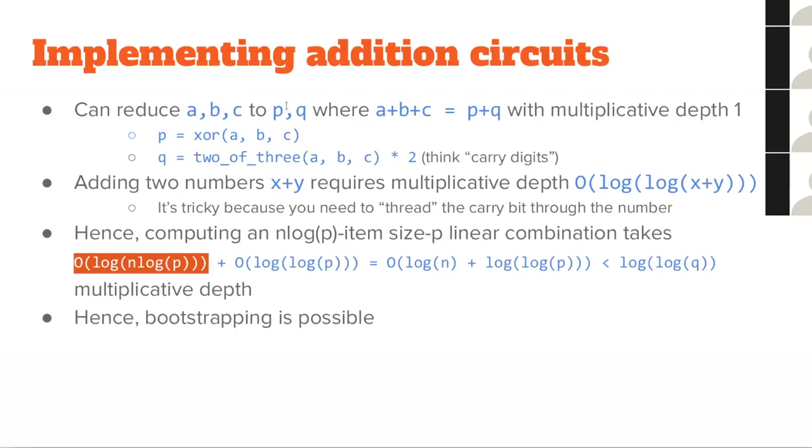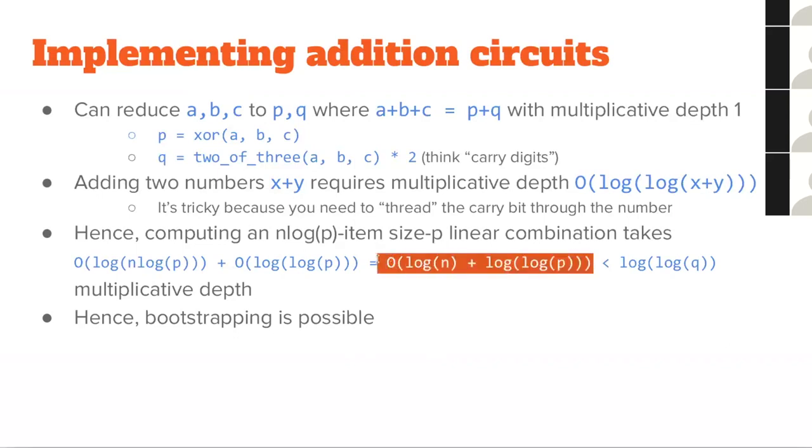The sum is going to be of size n log p, and so it's log of n log p, and so this becomes log of log n plus log p. Here you have another log p, and so the total is going to be log n plus log p, and you can pretty easily just set q to be high enough that this is less than log q, and so you can implement the decryption circuit, and so you can bootstrap.